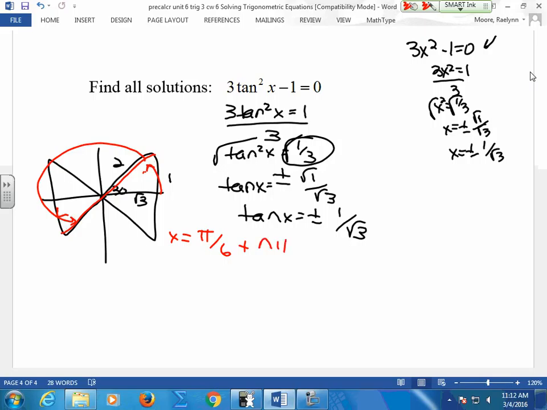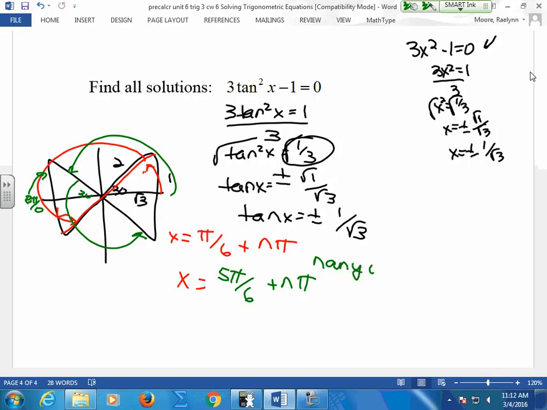Plus n pi. Then I did those two. I've got to get the two opposite of these. This is 6 pi over 6, so what's this one called? 5 pi over 6. And if I go 180 away from it, I'll hit the other ones. And there's your all solutions.